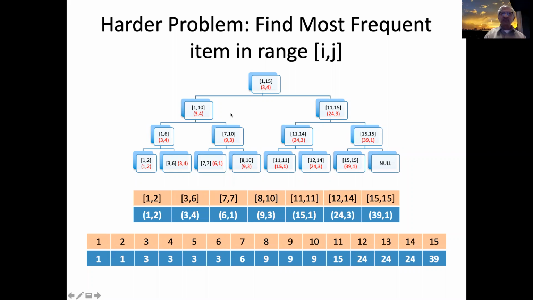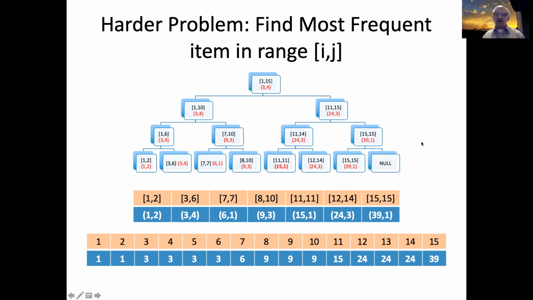On this side, from 1 through 10, 3 is the most frequent item, and its frequency is 4. On this side, from index 11 through 15, 24 is the most frequent item, and its frequency is 3.